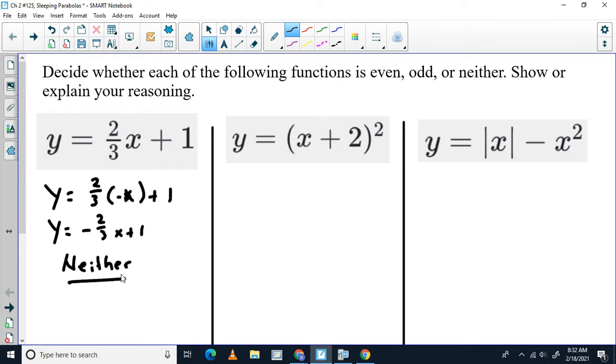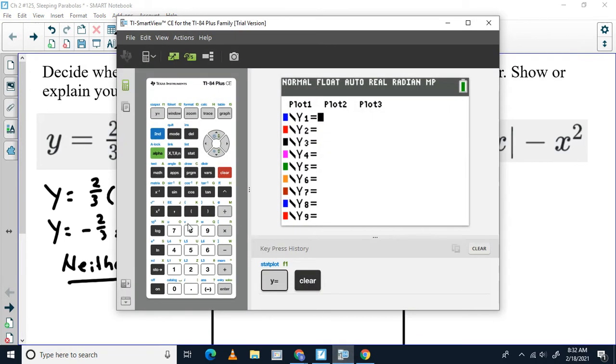A second way that we could check it, say I'm looking at this second situation, I can look at the graph of the function. So let's go to the graph of y equals (x plus 2) squared.